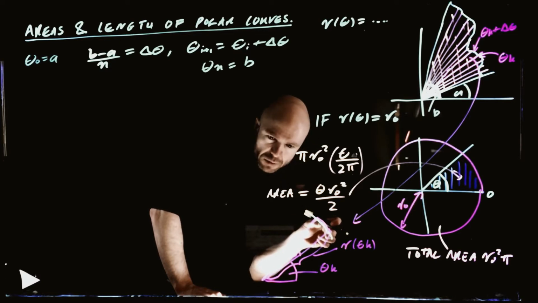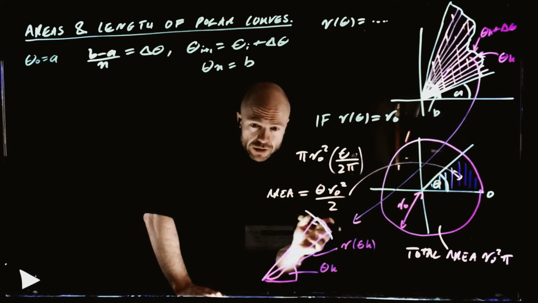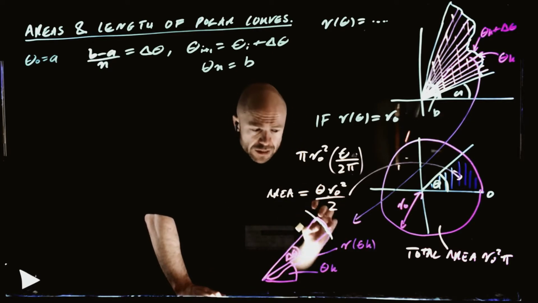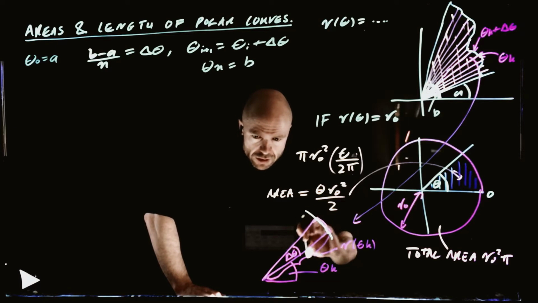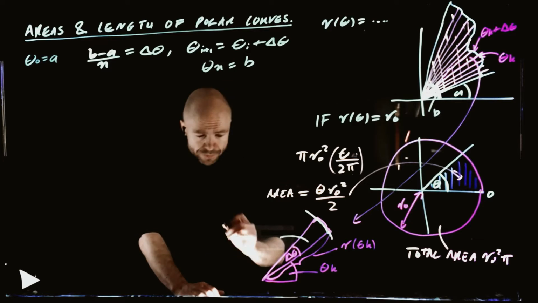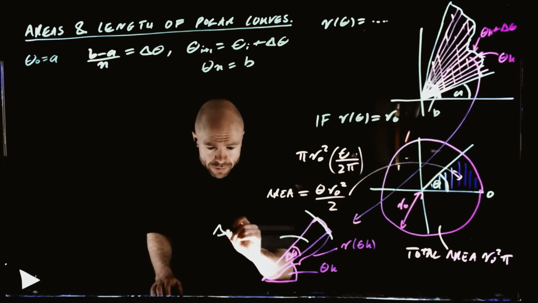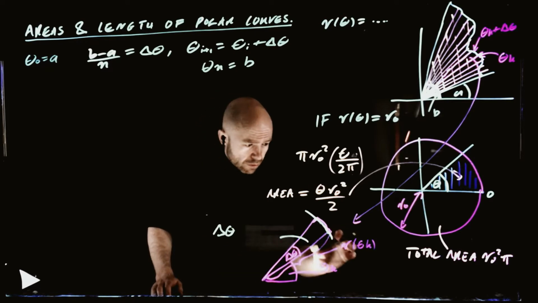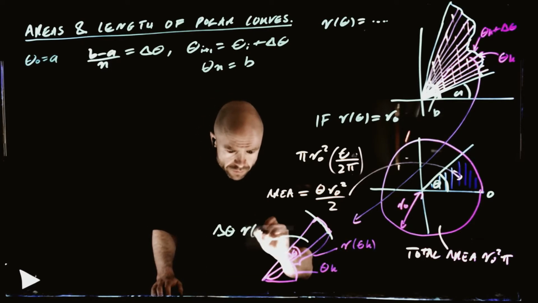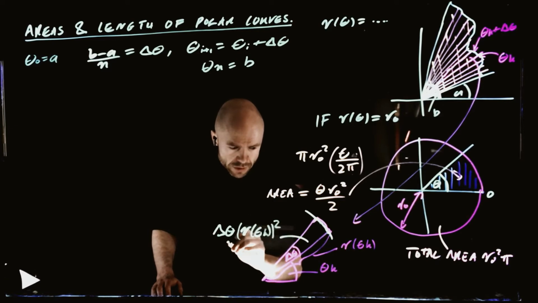And the error between a constant function whose radius is just given by this and what the actual function is, is very, very small, negligible compared to the area of this little slice, right? So we forget about it. So we say, okay, well then this area is what we've just figured out from this formula. It's equal to delta theta times the radius, which is r of theta_k, squared over 2.